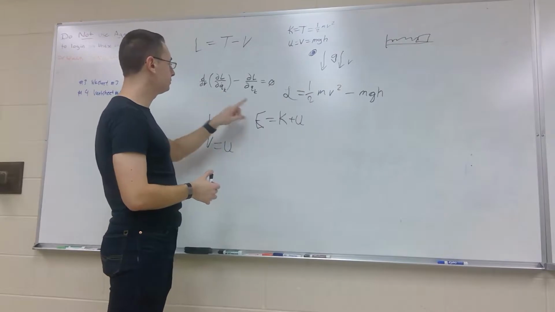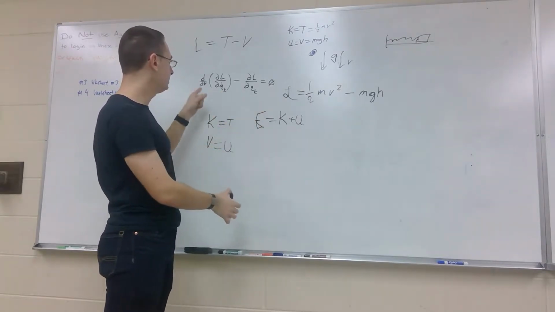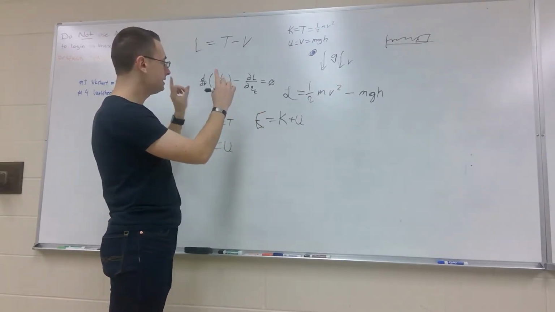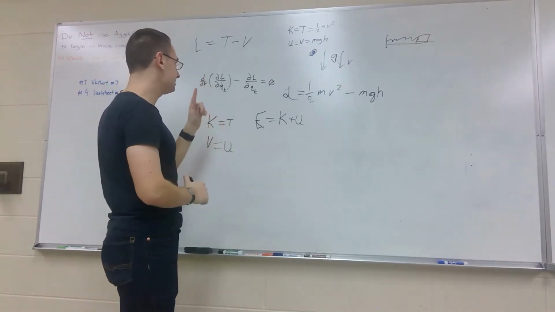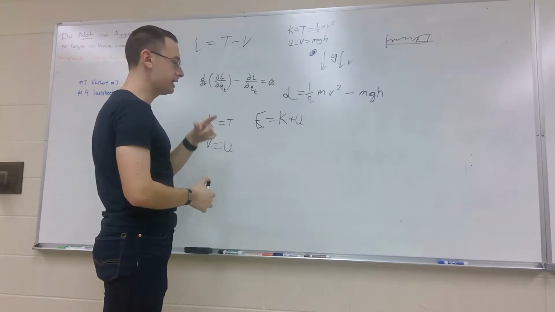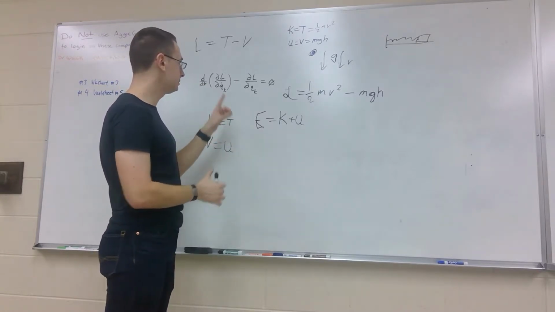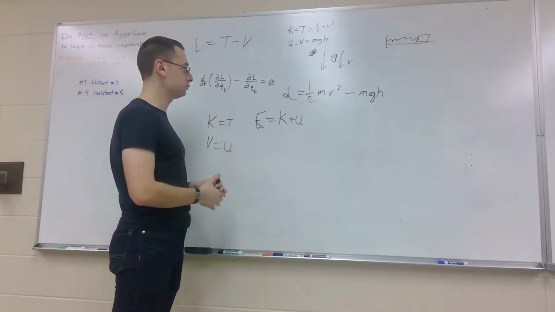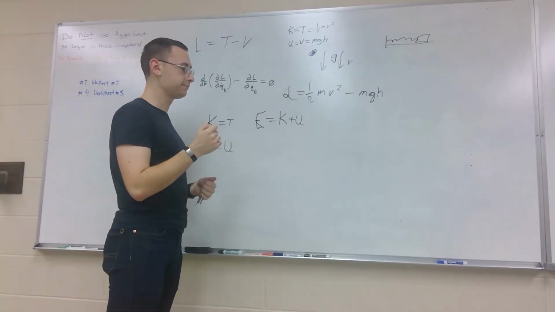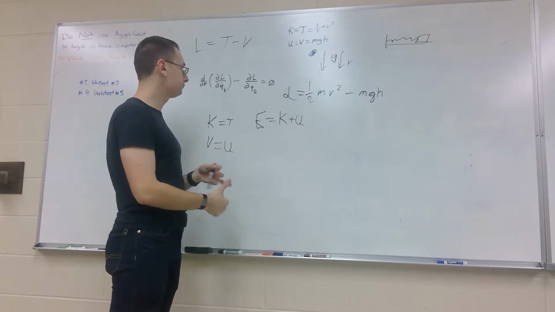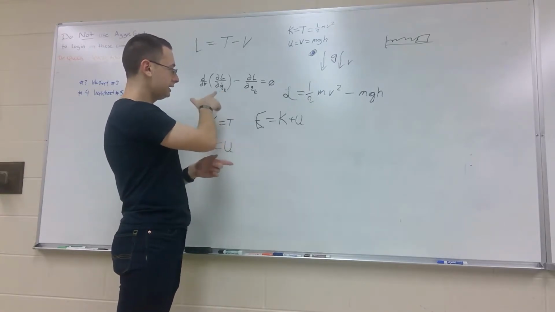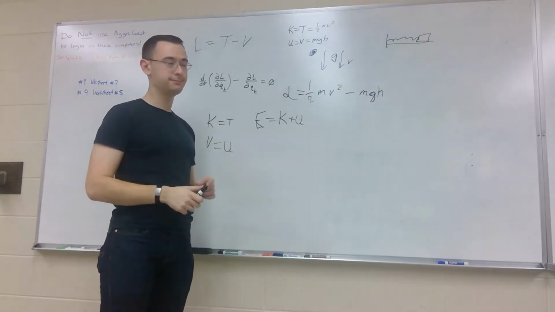So first this whole thing, this is d/dt of dL/dq_k dot minus dL/dq_k, and this is just generalized coordinates. So this works for Cartesian, spherical, cylindrical, polar. Just plug in for q_k and q dot k, whatever your coordinate is.